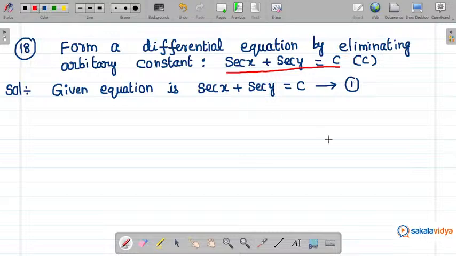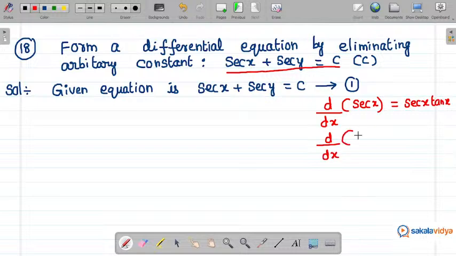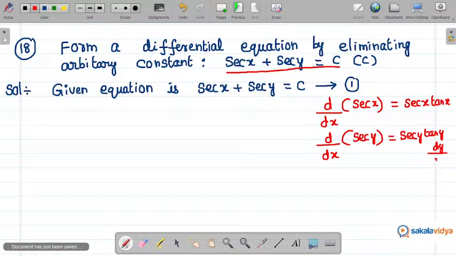But before differentiating, we should know the derivative of secant x. D by dx of secant x is equal to secant x tan x. So now easily you can write the derivative of secant y with respect to x: secant y tan y multiplied with dy by dx. It's very important. So with the help of these two results, we can easily solve.